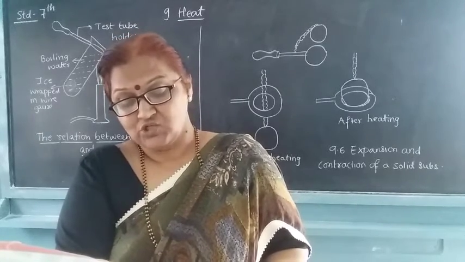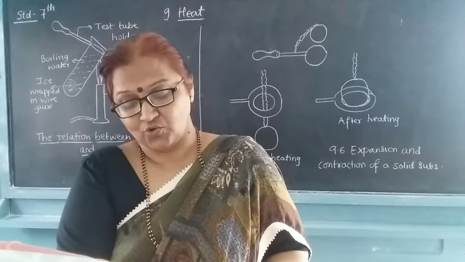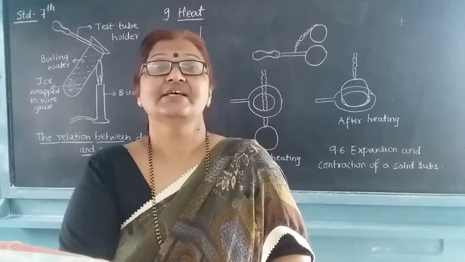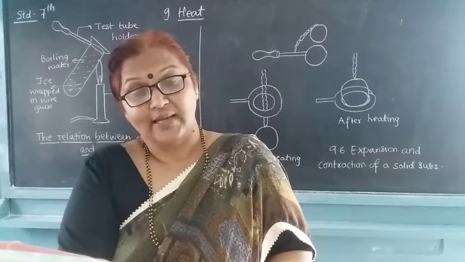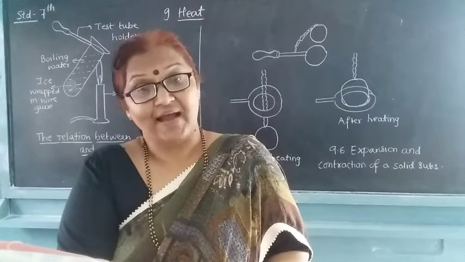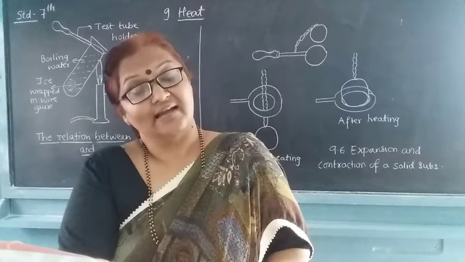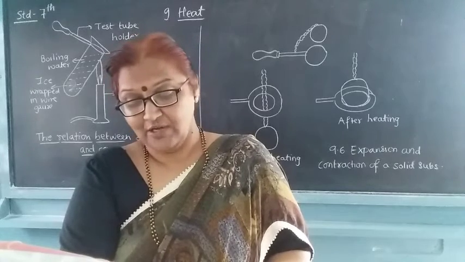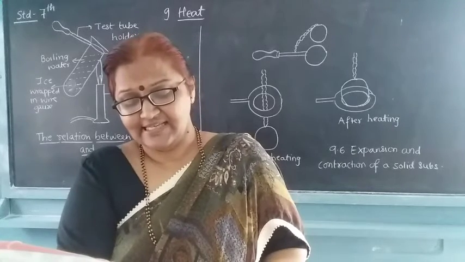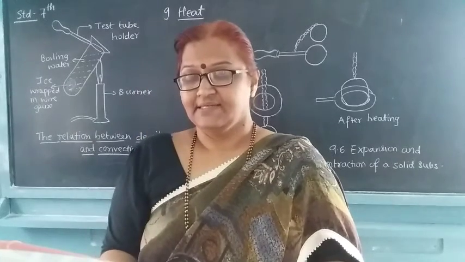Solids expand due to heat and come back to the original state if heat is removed. If solids are heated, they expand, and if the heat is removed, they again come to the original position. However, the extent to which different solids expand is different.